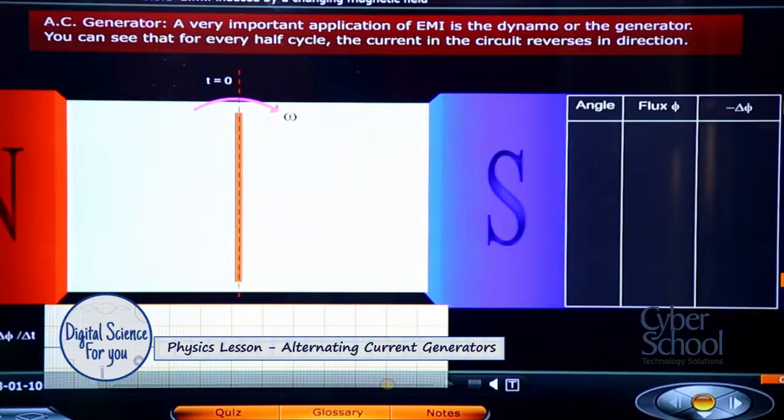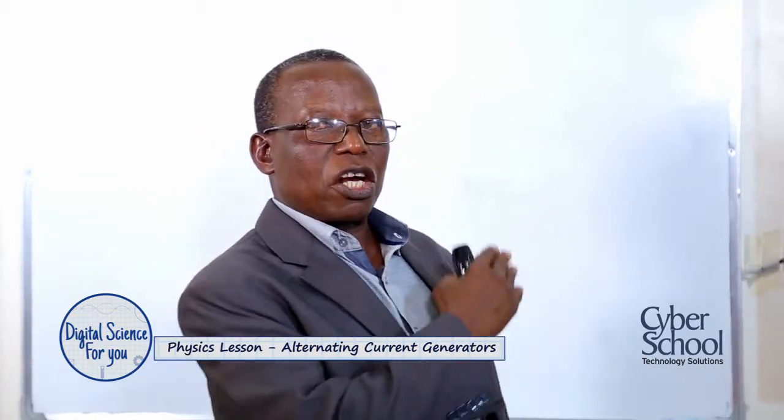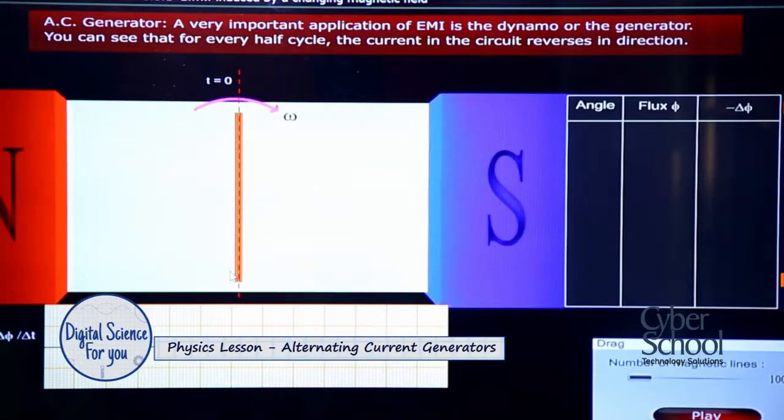When the coil rotates in between the poles of the magnet, as we are going to see in this animation, for instance, now it is in the vertical position. When it starts rotating clockwise, it begins to cut the field lines, and we are making the number of magnetic lines maximum at 1,100.